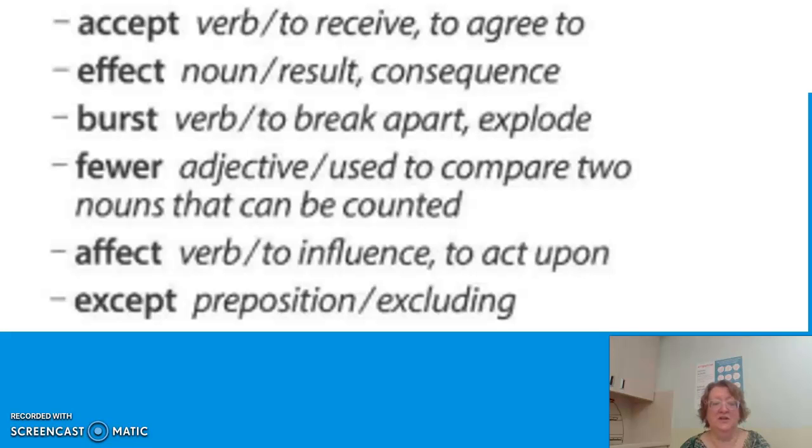Let's read the next one. Affect, verb, to influence, to act upon. The next, except, preposition, excluding.